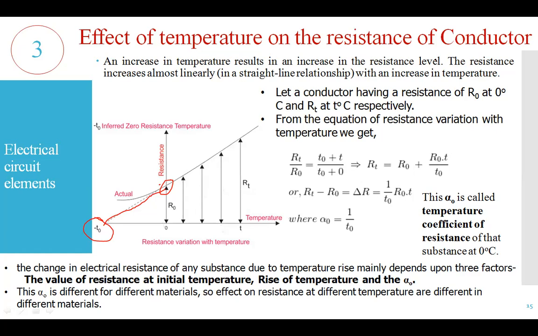See, we identify at 0 degree centigrade, when you have any conducting material, right? At 0 degree centigrade, or you can assume room temperature, there will be some resistance value offered. When the temperature rises, the resistance is also high.